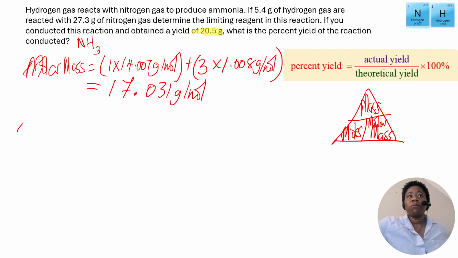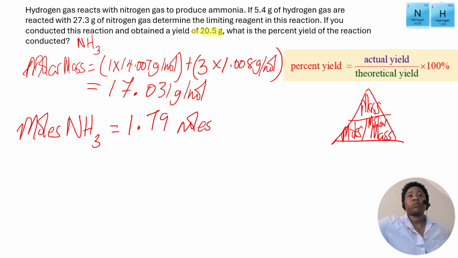And we know the moles of ammonia, and we did that calculation on a previous slide. We said that's 1.79 moles of ammonia. Now, if we look at our triangle, we know that mass is equal to moles times molar mass.